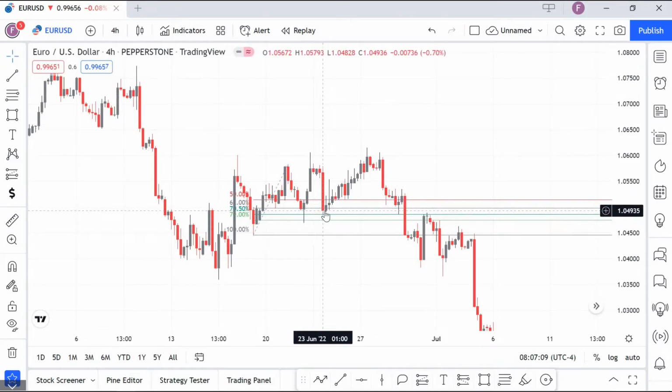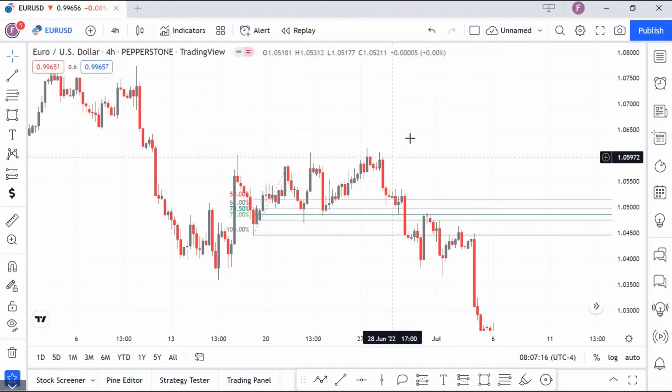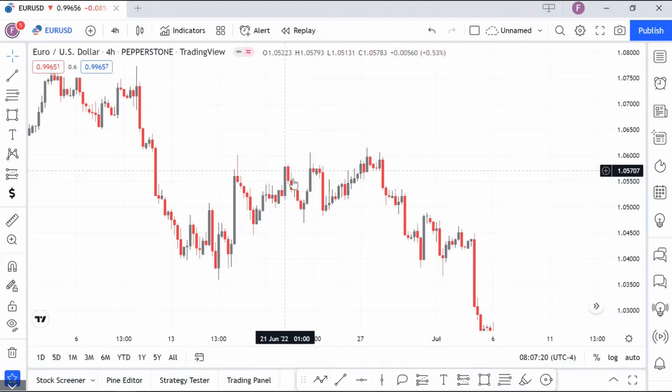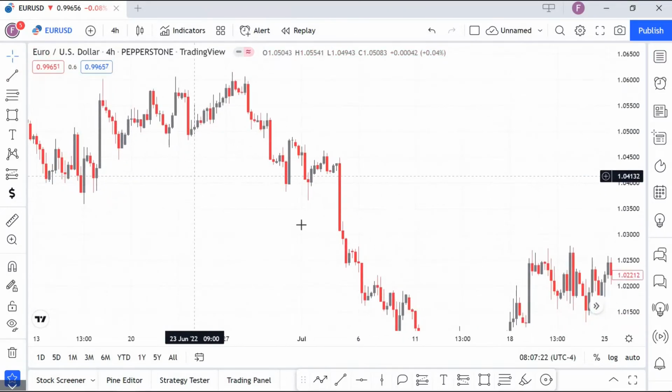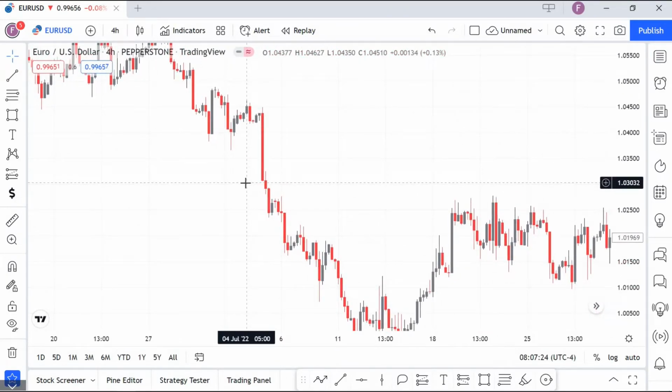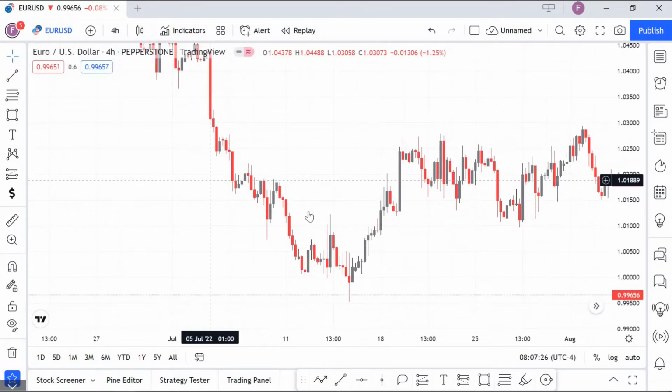Maybe you took this trade and it comes back again to give you a second opportunity of entry before it goes up. So you see how many opportunities you can identify when you combine these strategies with whatever we have learned.